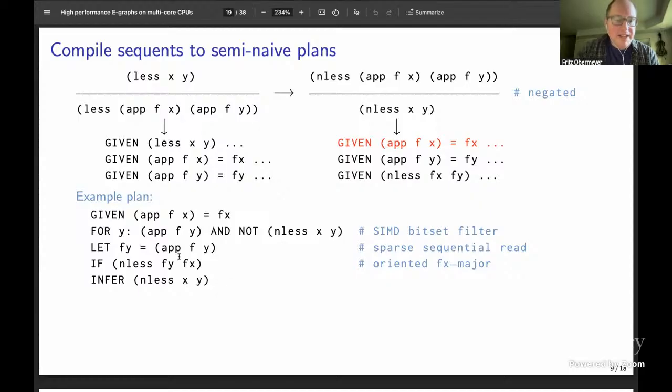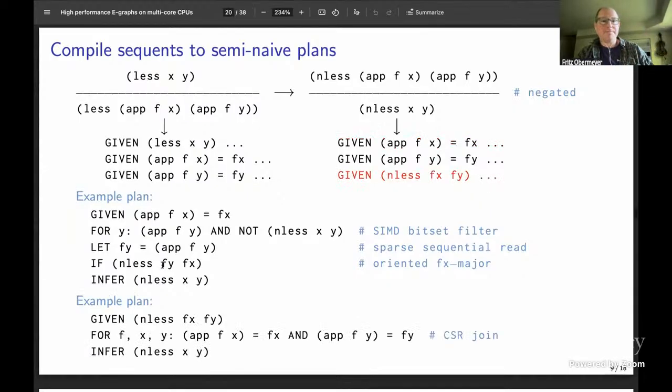And again, it's not spelled out in this code, but the lookup table here is oriented so that it's FX major, so it can march along those. It can load a single cache line of FX, which for this plan is fixed, and then look up different FY values. So that's done in the compiler.